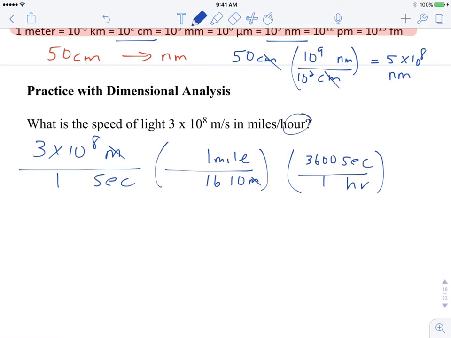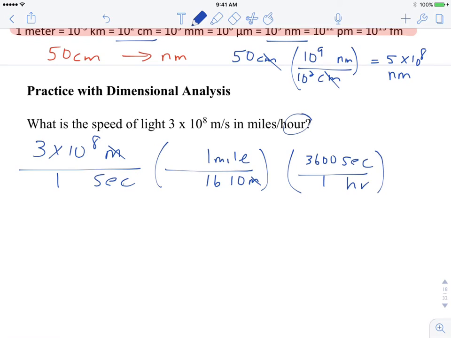So now I go ahead and I try this. So I have 3 times 10 to the 8th times 3,600 divided by 1610.